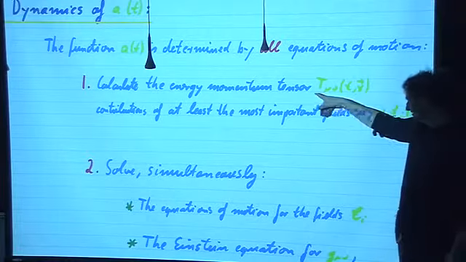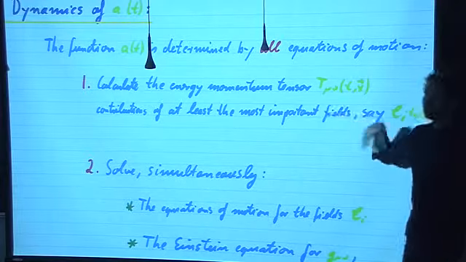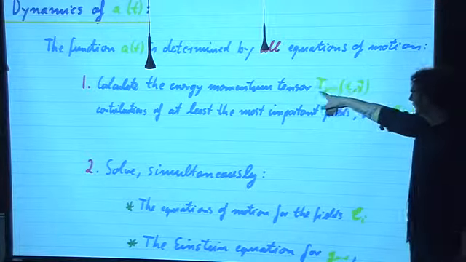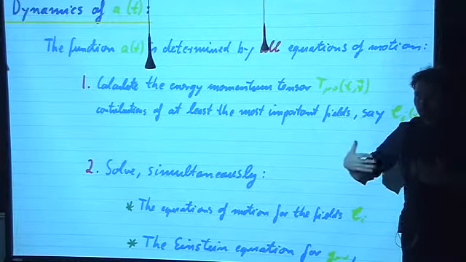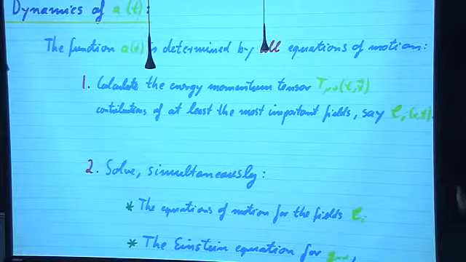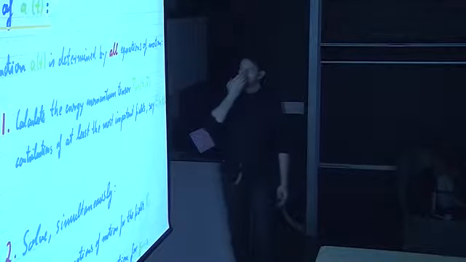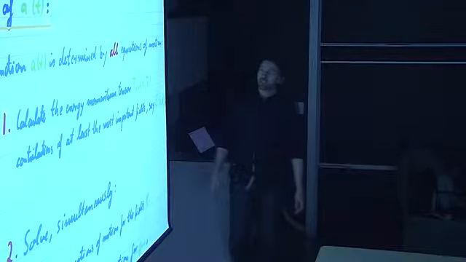Actually, it has contributions not only from the free actions of each individual field, there will also be contributions from the interaction terms between the various fields. So you really have to take the entire action of all matter and radiation and then calculate the energy momentum tensor from that total action.